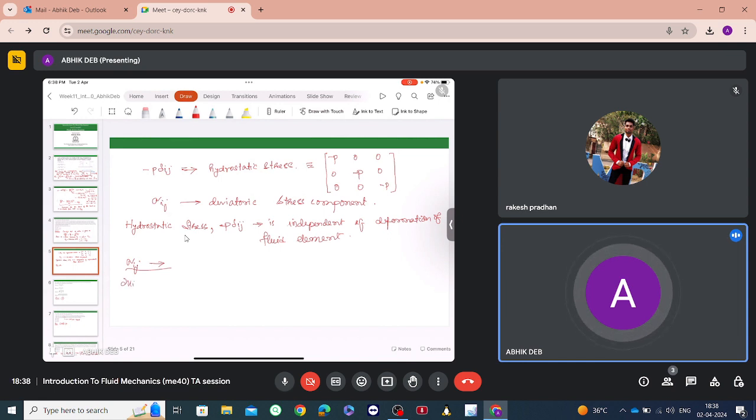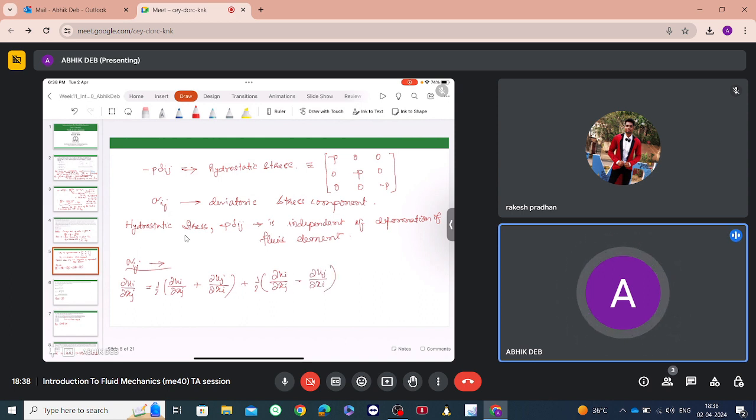del ui del xj is equal to half of del ui del xj plus del uj del xi, plus half of del ui del xj minus del uj del xi.